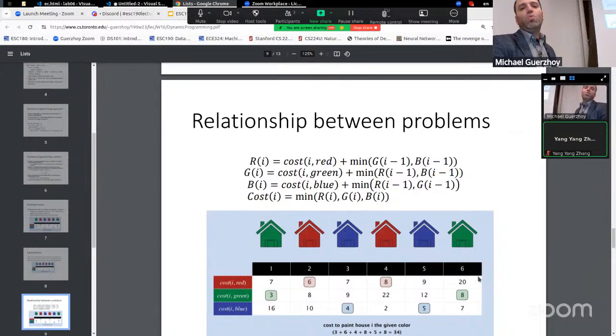And then once you have R6, G6, B6, you can figure out what the actual minimal cost is, because it's just the smaller one of R6, B6, and G6. Are you with me so far?